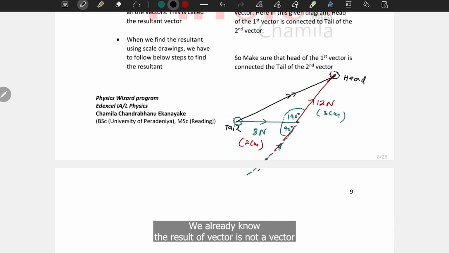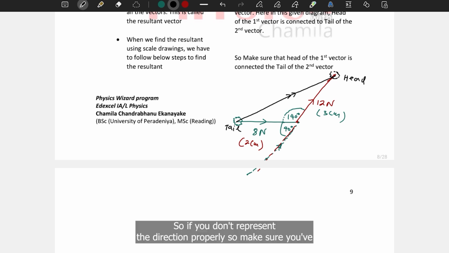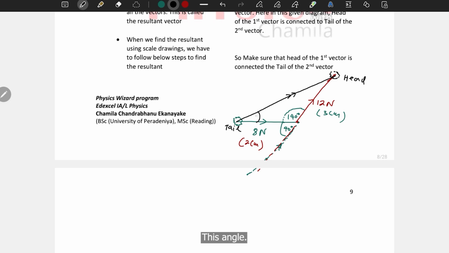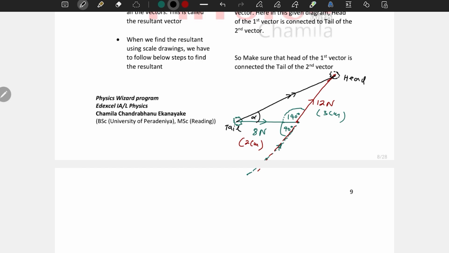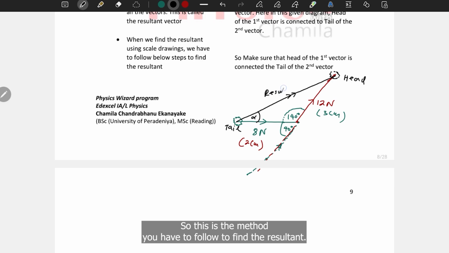A vector is not a vector if you don't represent the direction properly. So make sure you properly measure this angle using your protractor. If it is alpha, you can find this alpha angle between 8 Newtons and this resultant. So this is the method you have to follow to find the resultant.